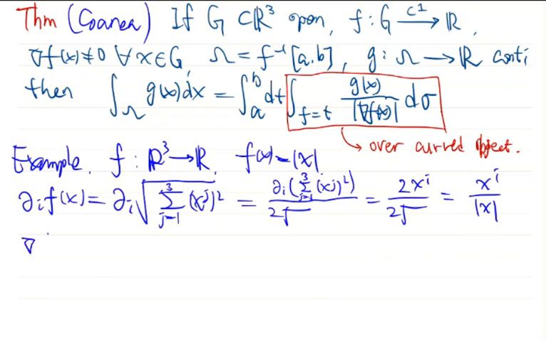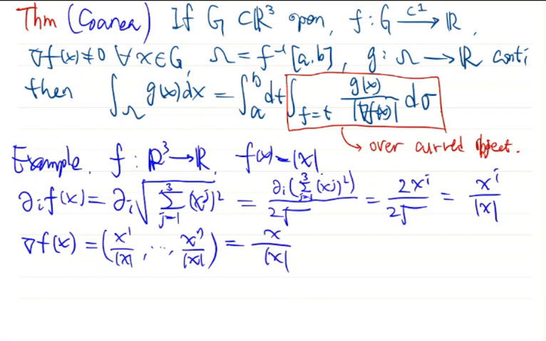So the gradient of f(x) is precisely (x_1 over the norm of x, ..., x_n over the norm of x). So this is precisely x over the norm of x.